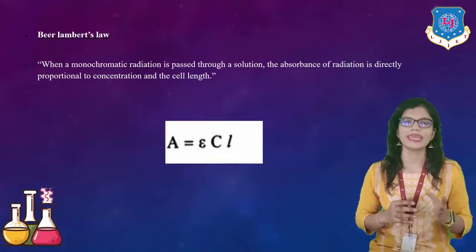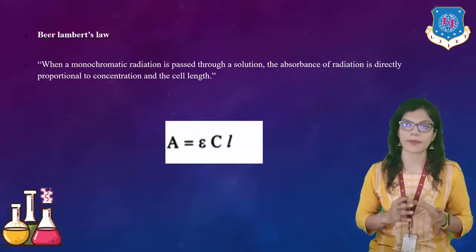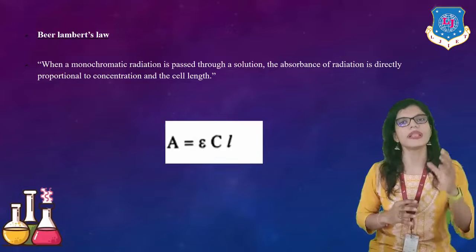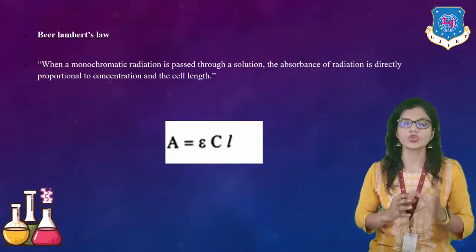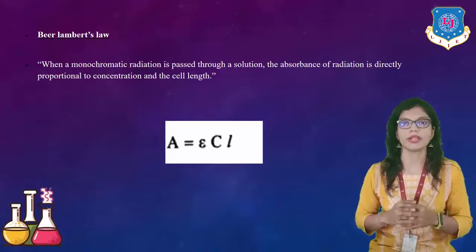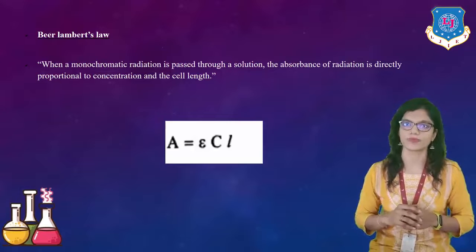So when any kind of monochromatic radiation is passed through a solution, the absorbance of radiation is directly proportional to the concentration of the sample and to the cell length, which is used as a sample cell. Right? Two things are important. Number one, concentration of the sample. Number two, cell length of the particular sample tube.